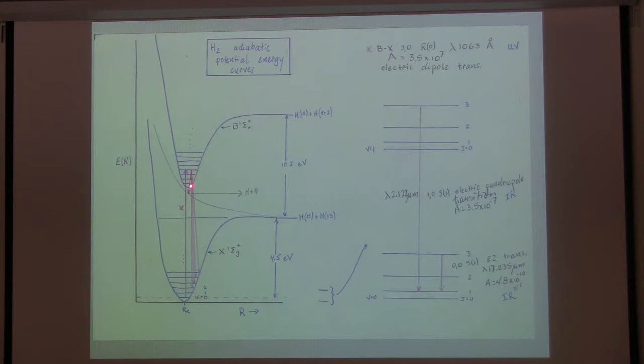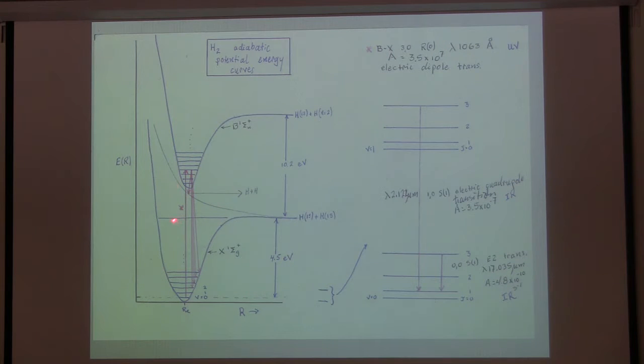Some of the fluorescence downward goes into a repulsive state that also correlates with ground state hydrogen atoms. But that supports no bound levels and is energy above the dissociation limit. So that's the process, a two-step process that leads to the destruction of the hydrogen molecule, liberating two hydrogen atoms with some excess kinetic energy that is actually a source of heating as those kinetic motions become thermalized later on.